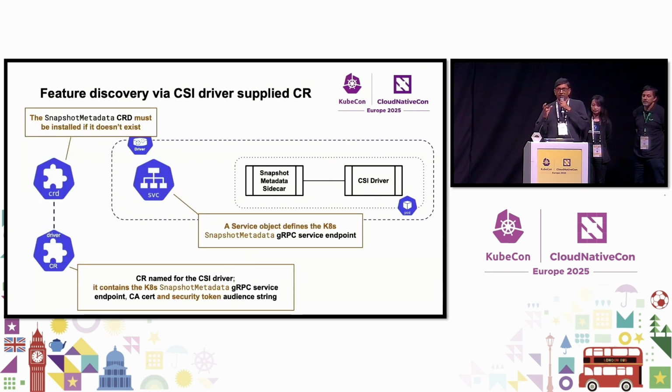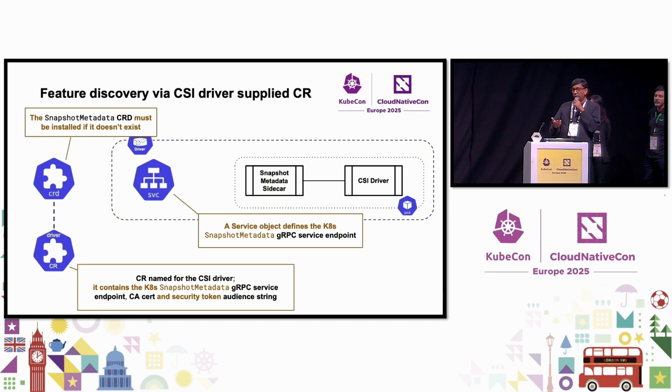So this is an optional feature. Not every CSI driver will have it. And so how does an application figure out that this exists? When the CSI driver installs this, they are required to create a CR named for the CSI driver. That CR contains the endpoint information of the Kubernetes service, namely the sidecar.